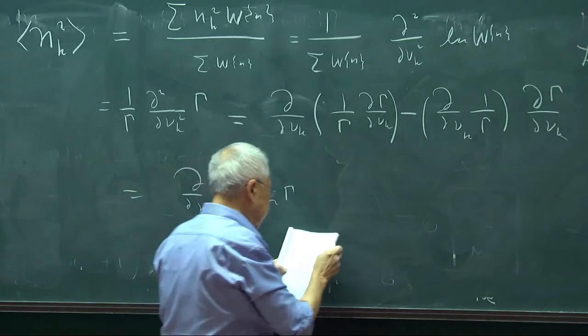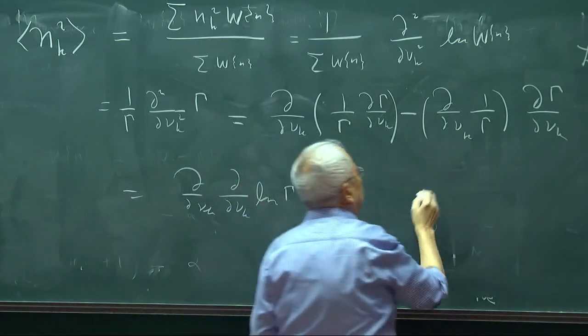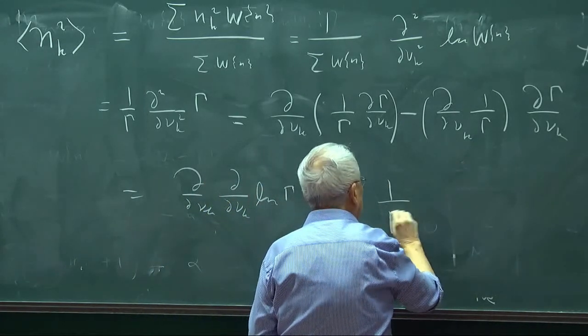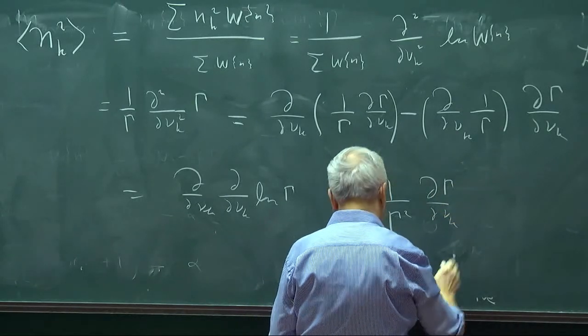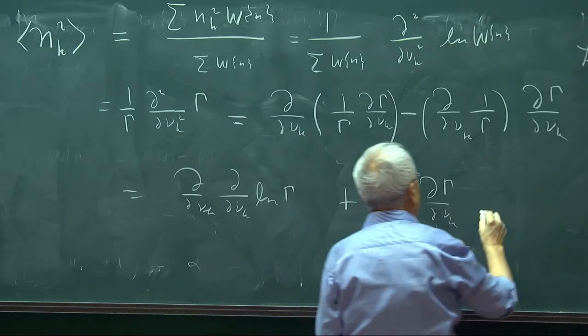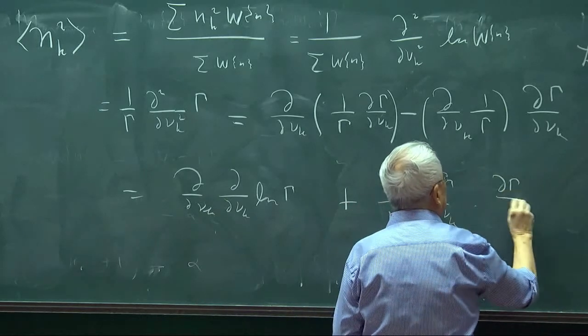The second term is just equal to plus, since 1 over gamma squared, d gamma d nu k times d gamma d nu k.